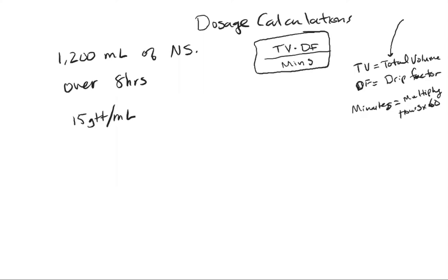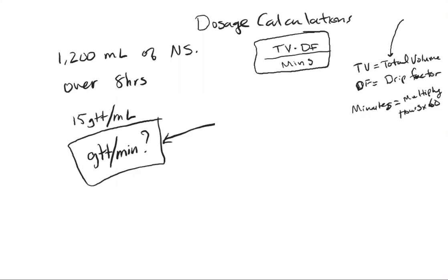The question is, how many drops per minute will you give? If this is what the math question is asking you, if you see this GTT, drops per minute, this is the formula that you're going to be using. I don't care what other information is in the question. If this is the question right here at the end, how many drops per minute, this is the formula that you're going to be using. Is that clear, sir? Yes, sir.